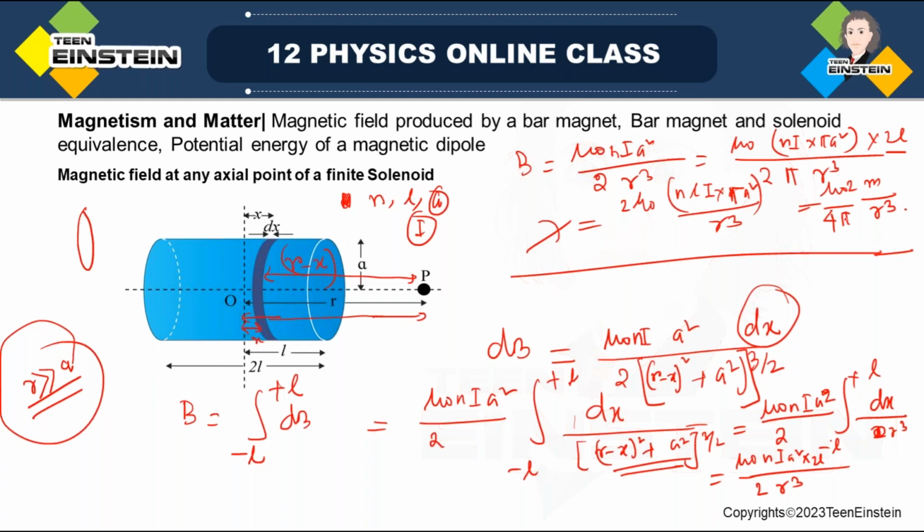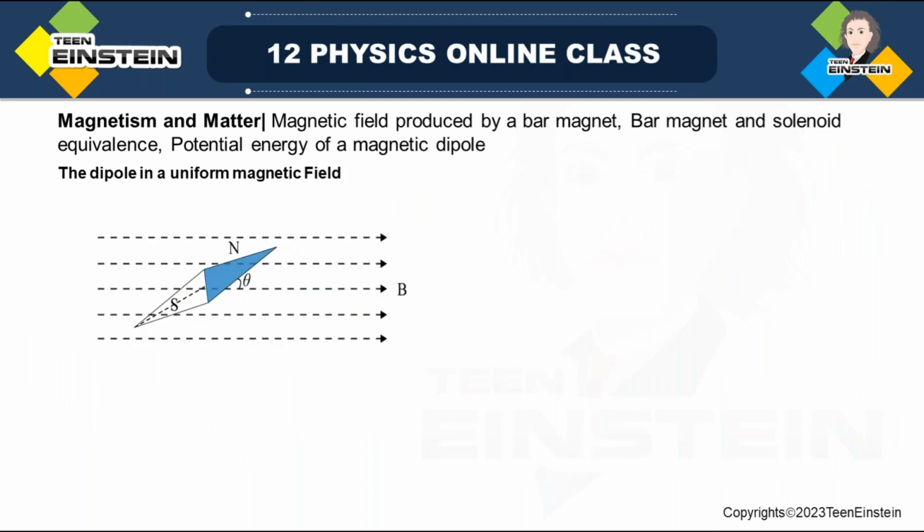So from this analogy also we can say that this bar magnet and solenoid are equivalent to each other. Or a solenoid can act as a bar magnet.